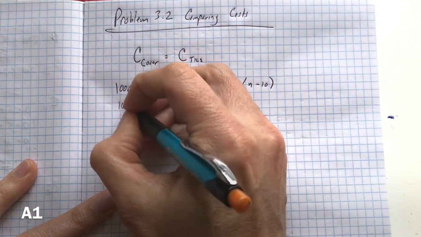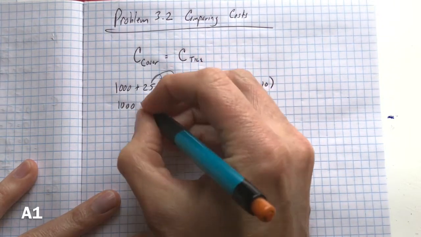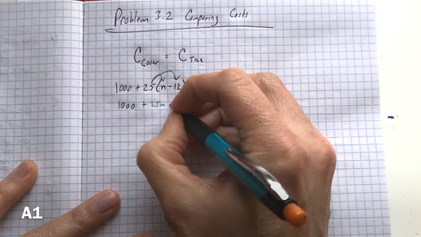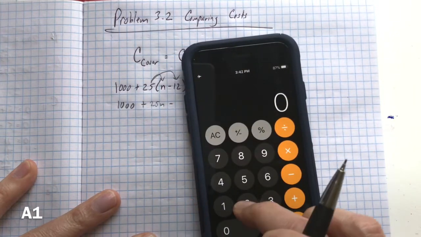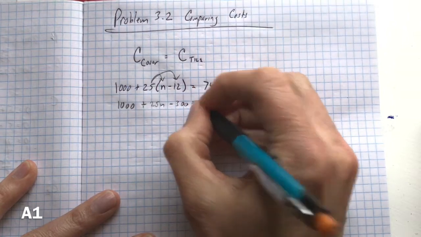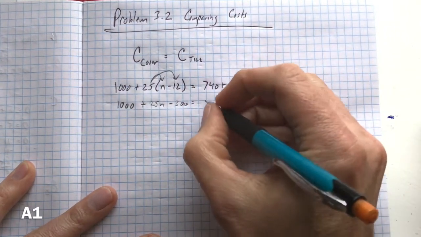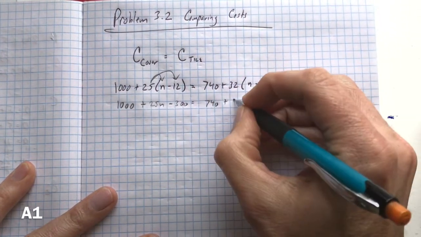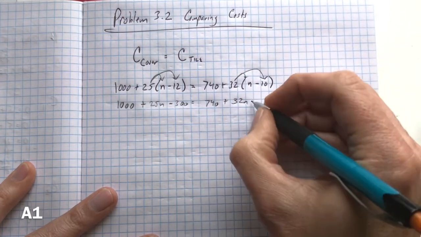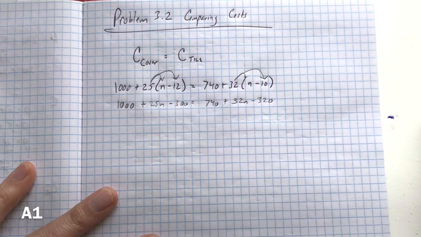So I'm going to have 1,000 plus 25 times n is 25n. Then 25 times negative 12, to save time, is negative 300, and that takes away the parentheses. Then I'm going to have 740 plus, distributing through, 32n, and 32 times 10, I know that one, minus 320.